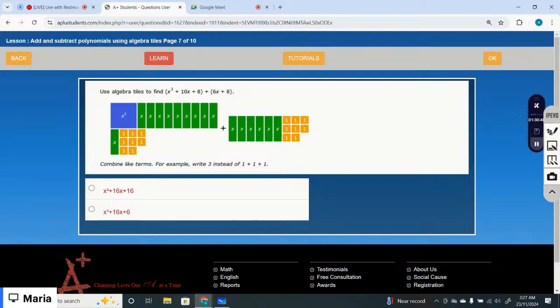Use algebra tiles to find x square plus 10x plus 8 plus 6x plus 8. So which is the correct option?